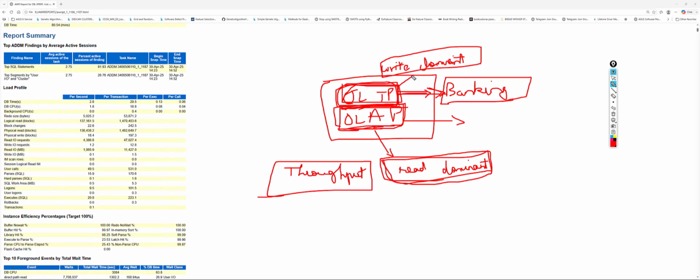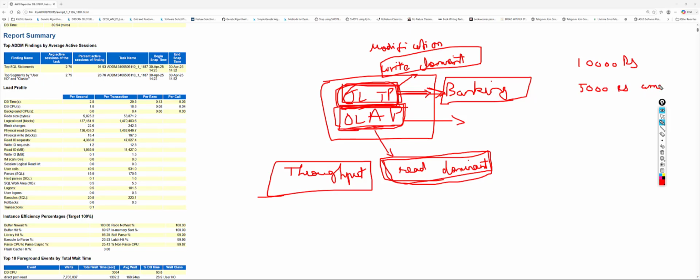So obviously in banking systems there will be a lot of modifications happening, right? So say for example I am spending money. I have 10,000 rupees in my bank account, and I'm getting 5,000 rupees credited.